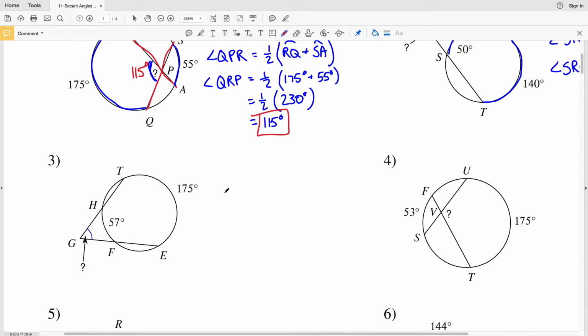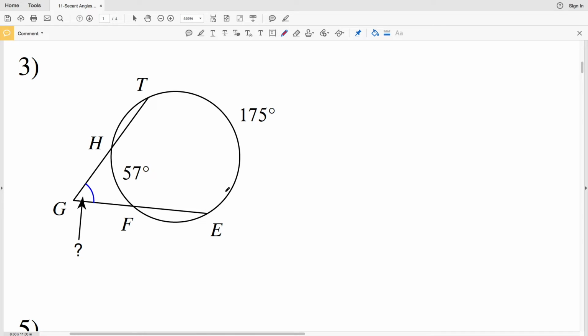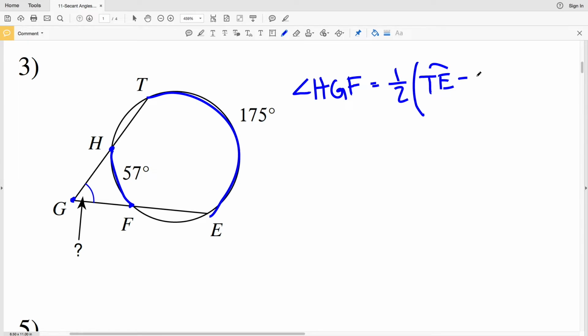Let's continue on to number 3. In number 3, we have an intersection that occurs outside the circle, and it's an intersection of secants, so we can indeed use our formula. So that angle, HGF or TGE, is going to equal half of one intercepted arc, the larger arc, minus the smaller arc. So that's arc TE minus arc HF.